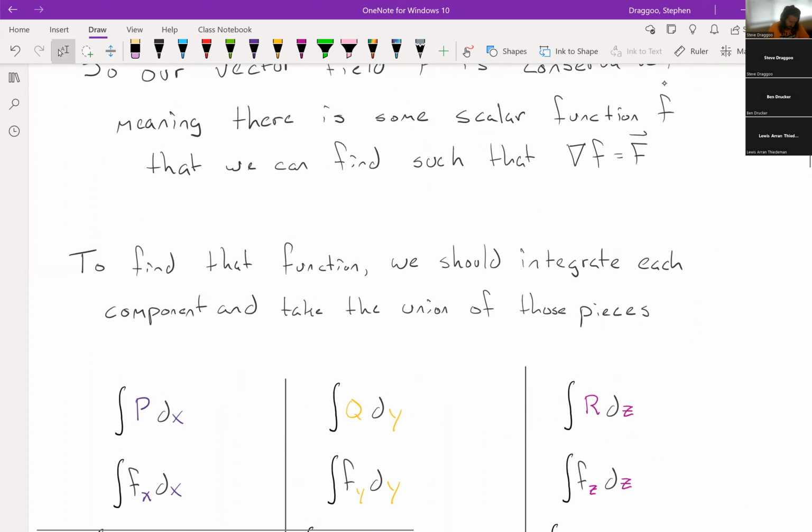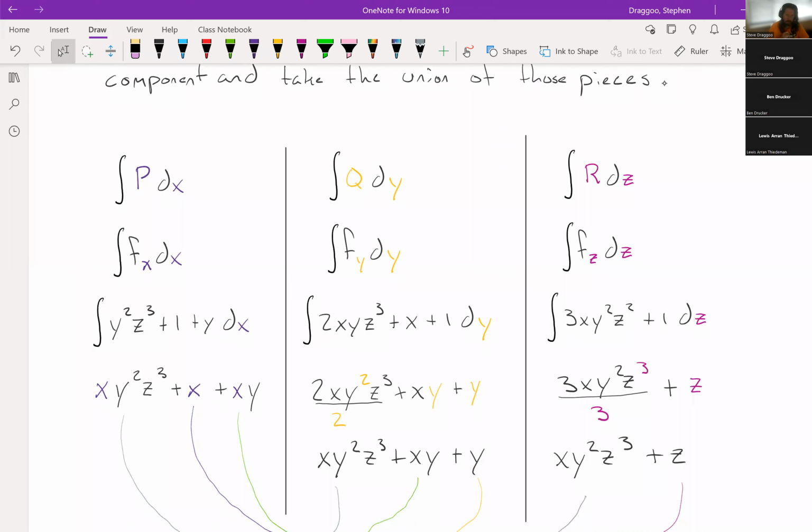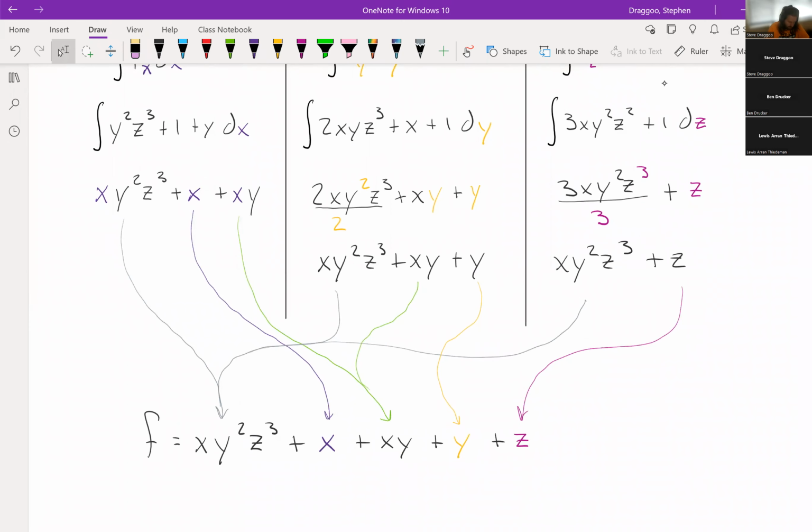that function f. To find that original function, I integrate each of my 3 components with respect to the position that they're in, and simplify to some expression or formula, some guess at what f is.